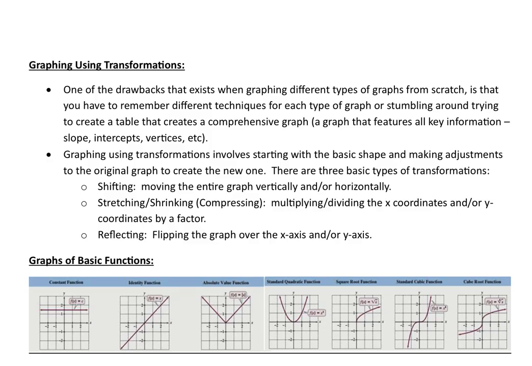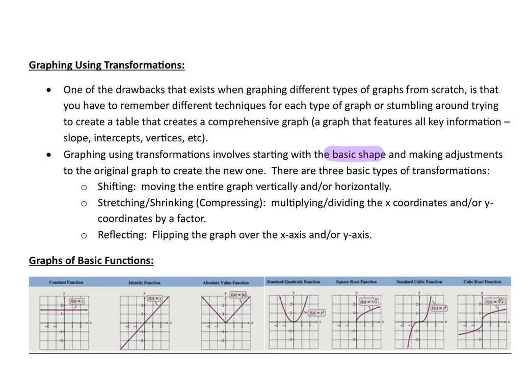On the other hand, when we talk about graphing using transformations, all we need to know is the basic shape, and then we are going to make adjustments. So we start off with the basic shape, we make adjustments to the original graph to create a new one. There are three basic types of transformations.